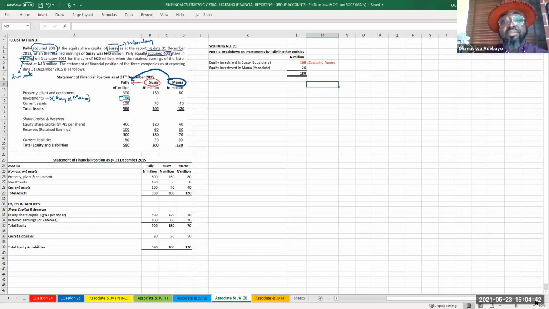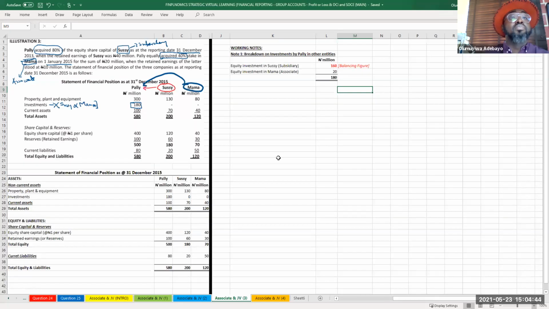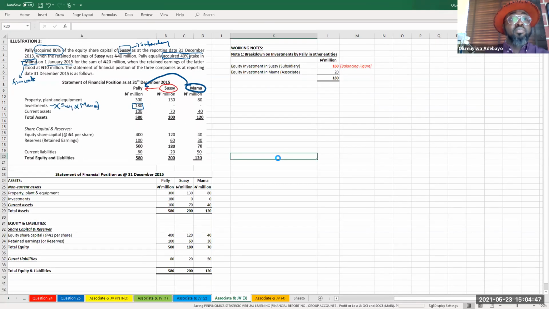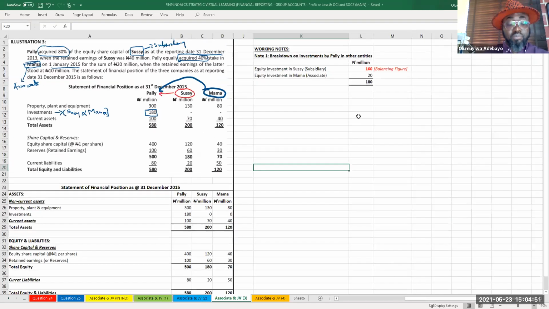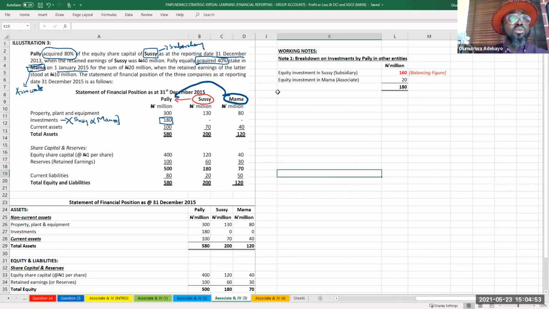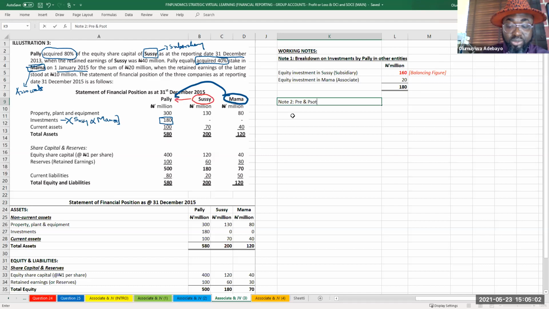Now, having done that, we can now come back to analyze, which is note 2, our pre and post acquisition retained earnings or reserves.